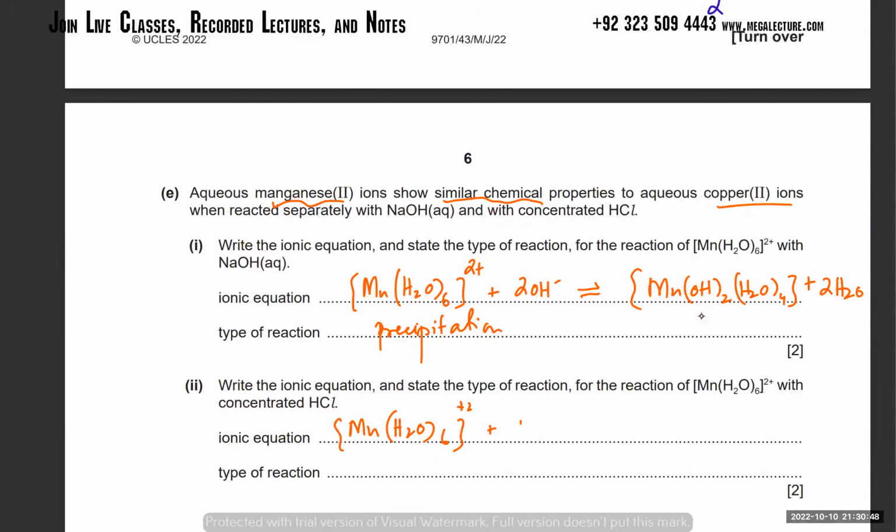Cl ions as well. The water molecules get replaced by Cl ions, and 6 water molecules get knocked out. This one is ligand exchange. Is this clear? Yes, sir.